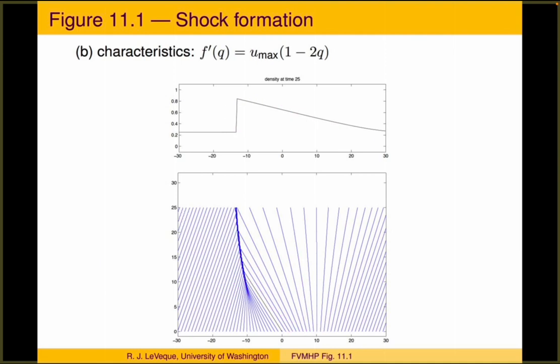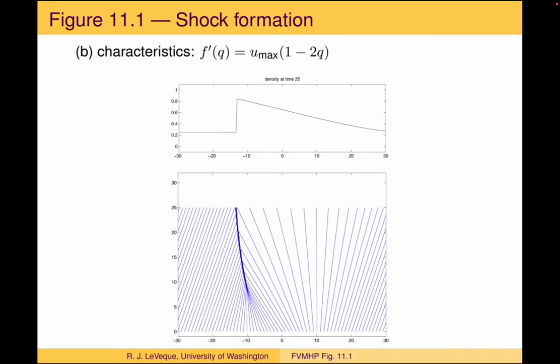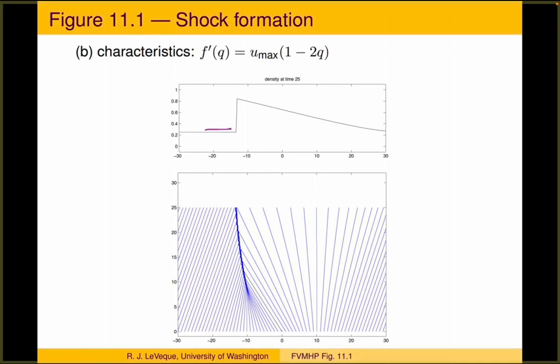It starts to curve because as this shock wave propagates, the way I've taken the data here, the value on one side is always constant, but the value on the other side is actually decreasing with time. If you look at what's happening on the right here, when you follow back these characteristics, you're getting different values as you trace them back.